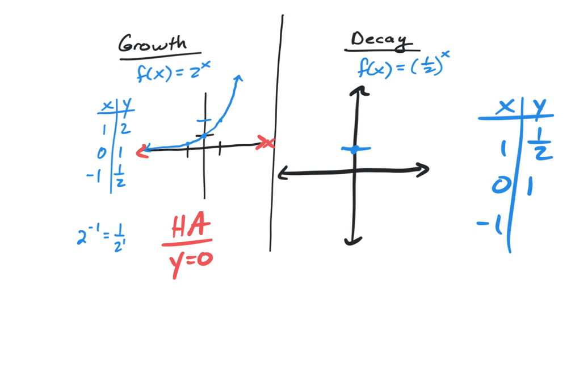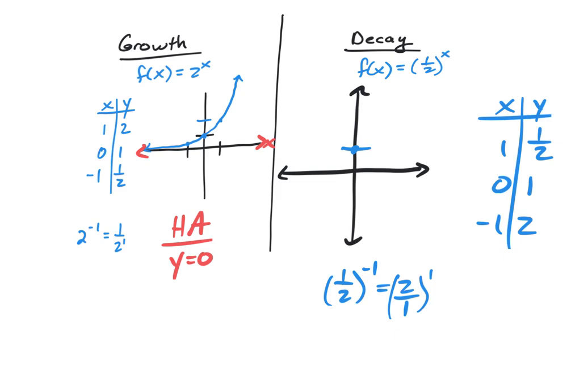And when I plug in -1, if I raise 1/2 to the negative 1 power, then what that's going to do is flip my fraction, kind of like we talked about over here, okay? I just want you to understand where this is coming from and why we get the numbers that we get once again. 1/2 raised to the negative 1 is going to take that fraction and flip it, and it's going to make it 2/1 to the first power, which is really just 2, okay?